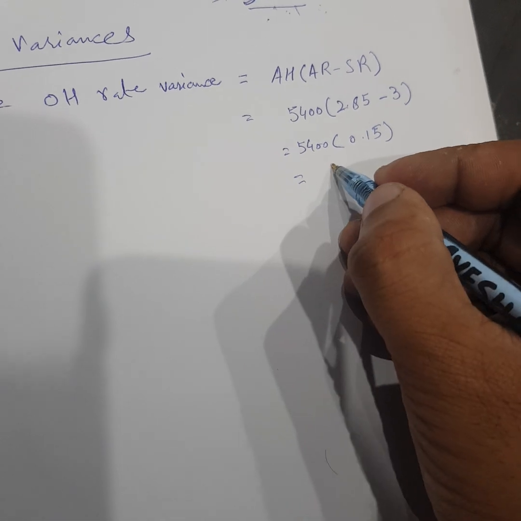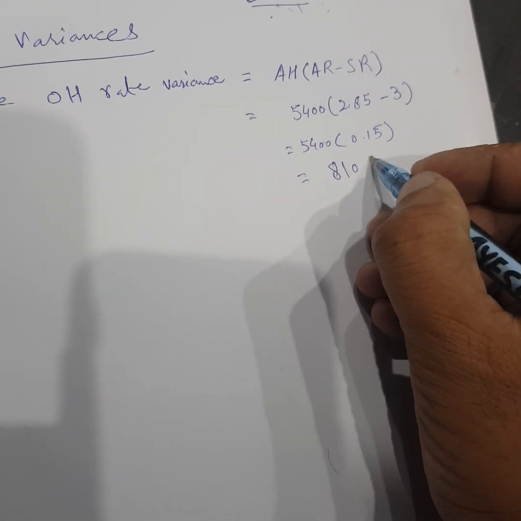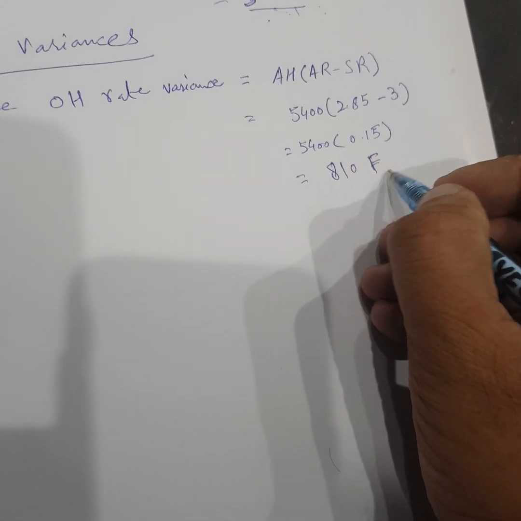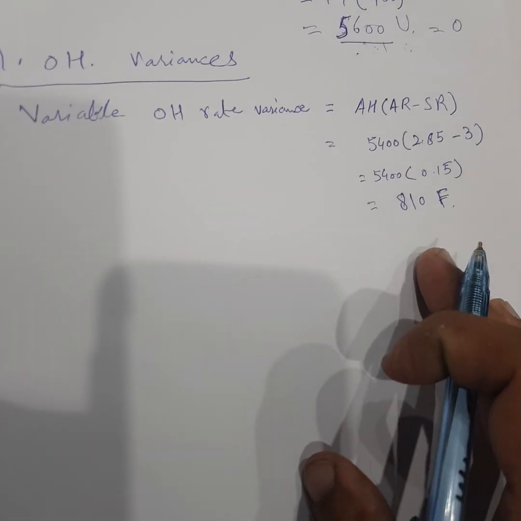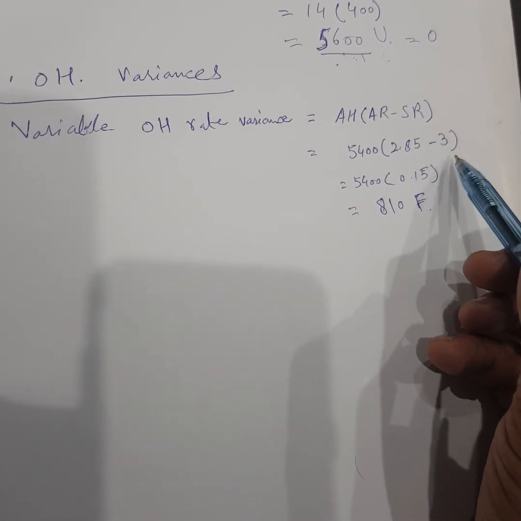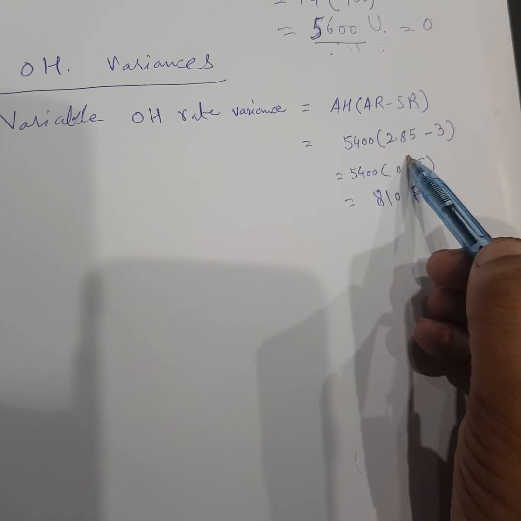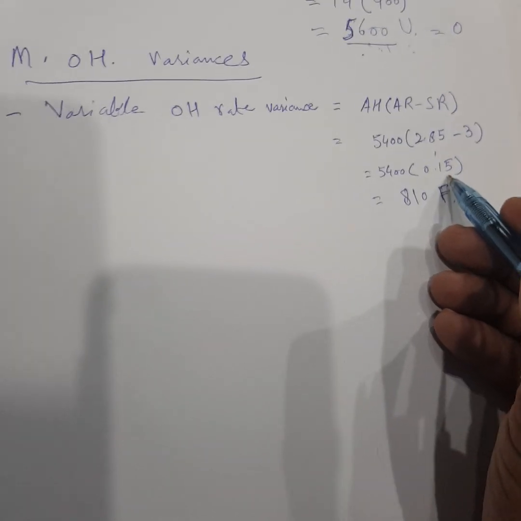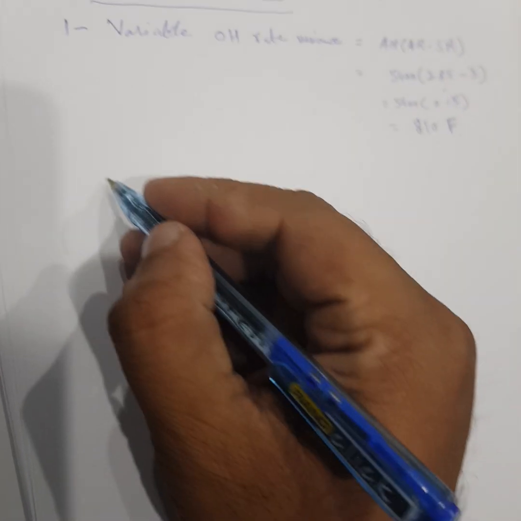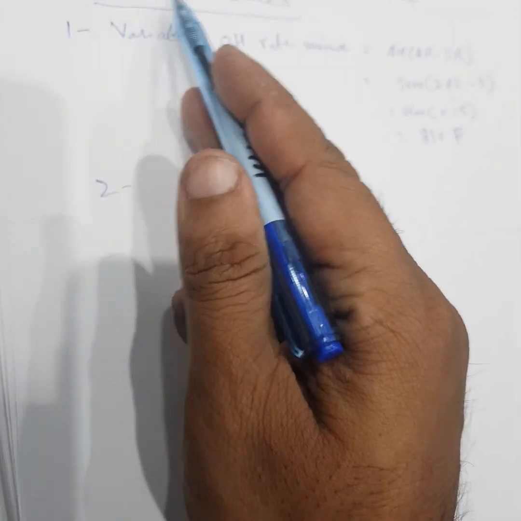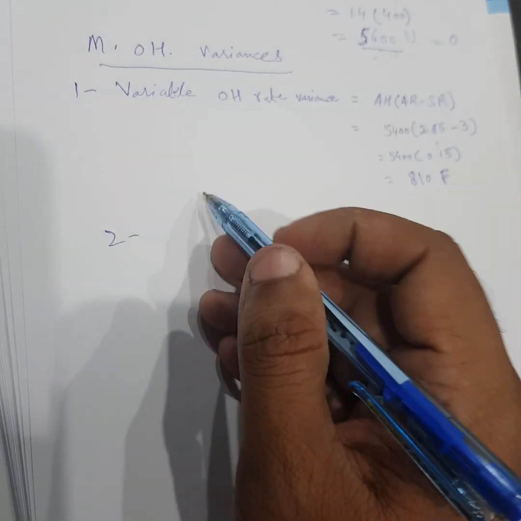So overall we got 810 rupees benefit. It is a favorable condition because our standard rate was up and our actual rate is low, so we got the benefit of 0.15.